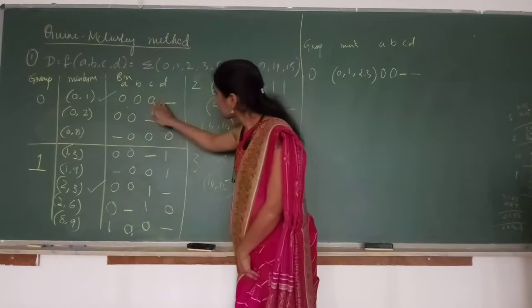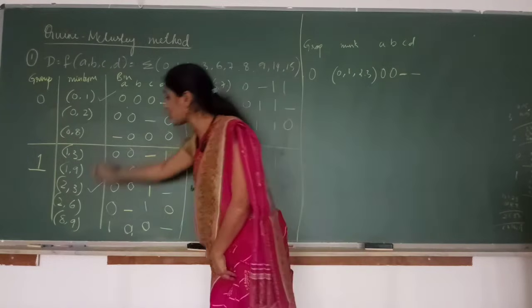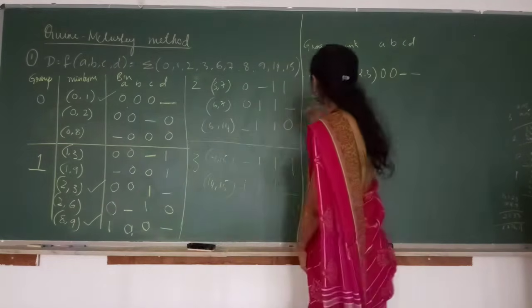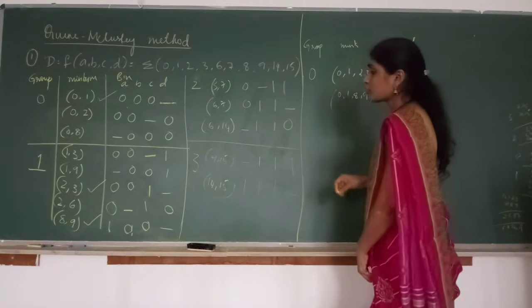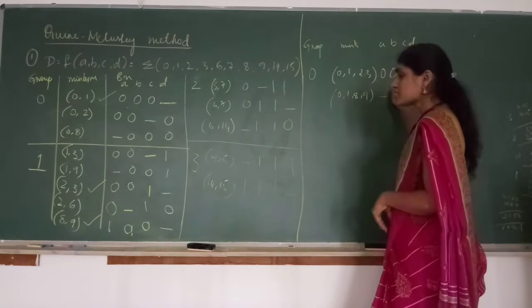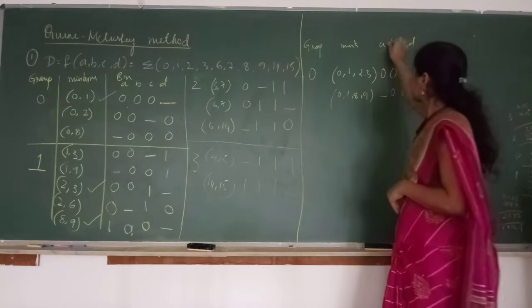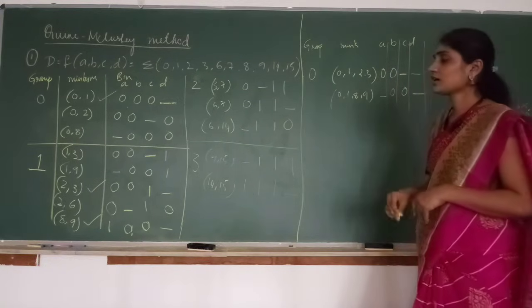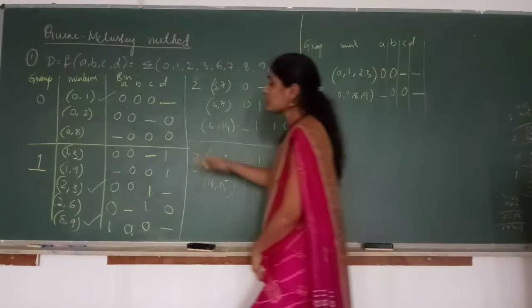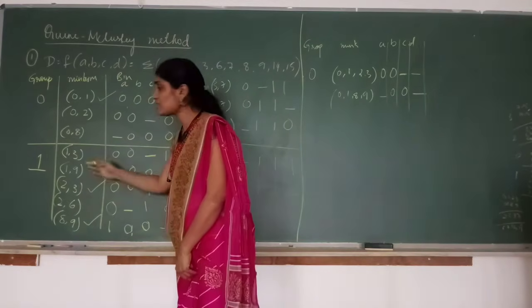B is 0, C is 0, dash is in the same position, so I can group 0, 1 with 8, 9 also. If you group, what do you get? Dash, 0, 0, dash. Correct? For A it is dash, B 0, C 0, D dash. Correct? So now, we have compared 0, 1 with the mean terms present in the first group.